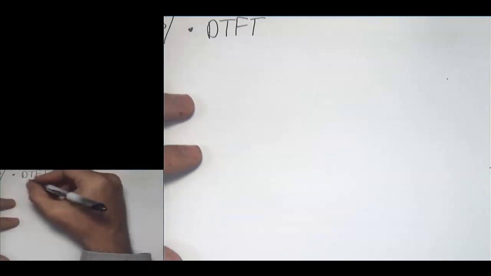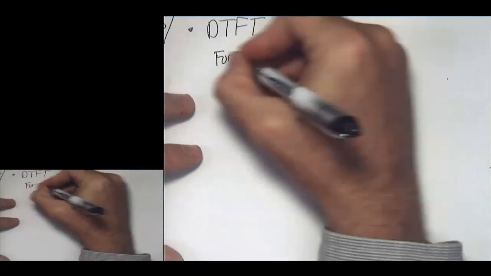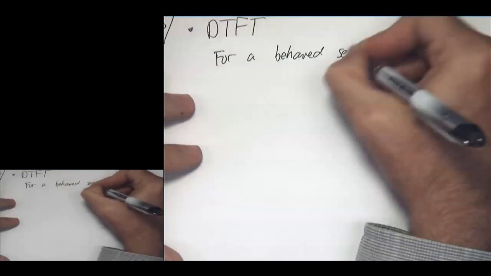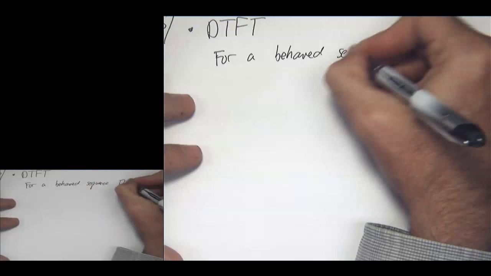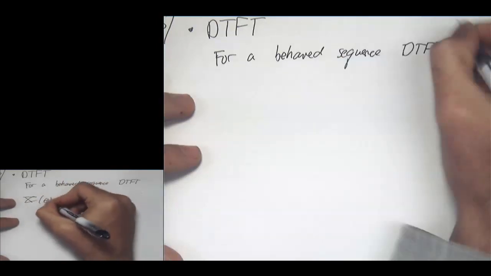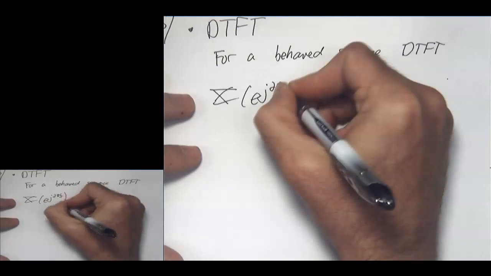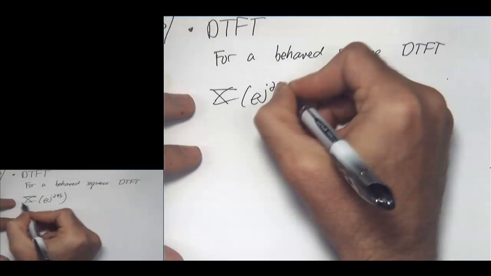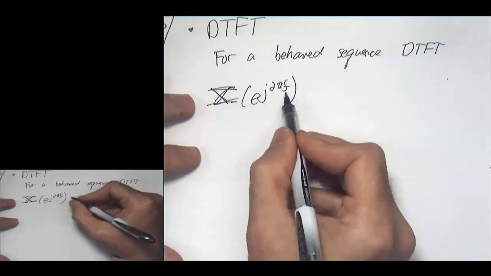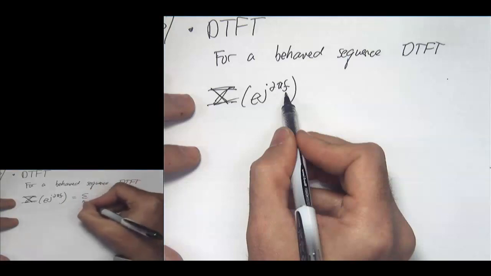So for a well-behaved sequence, the discrete time Fourier transform is defined as X(e^{j2πf}). In a lot of the other classes that you've seen, this was e^{jω}. So I'm putting 2πf here, and otherwise the stuff looks exactly the same.